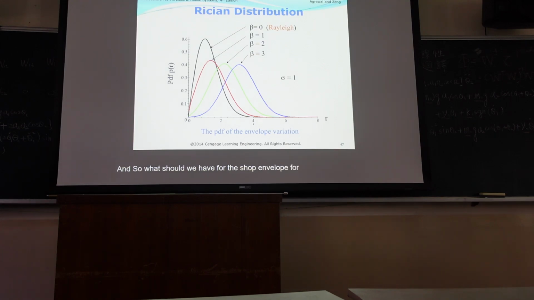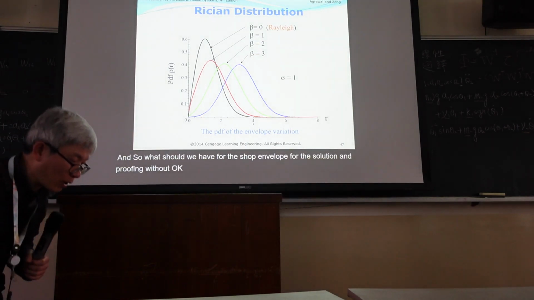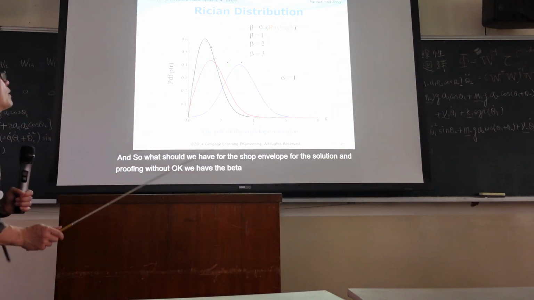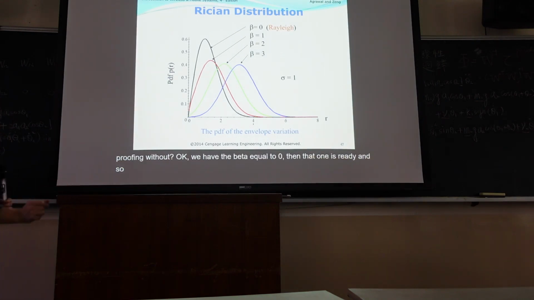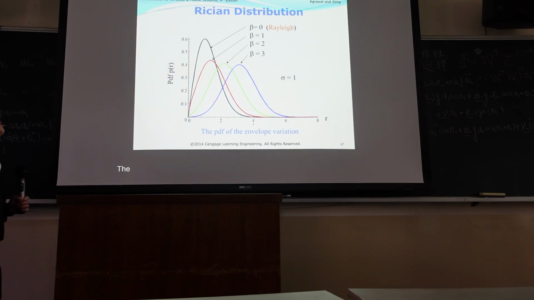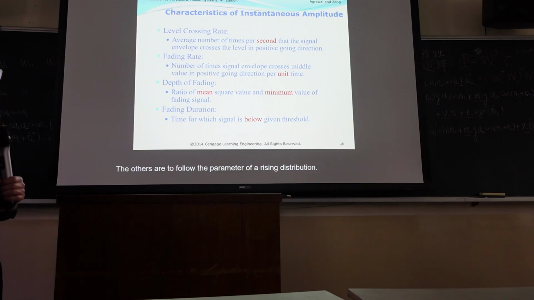Where we have Rayleigh is when the parameter beta equal to 0, then that one is Rayleigh. As for the others, they are Rician. So the parameter here, except for beta equal to 0, the others follow the parameter of a Rician distribution. So all these serve as the distributions for the fast varying signal strengths.